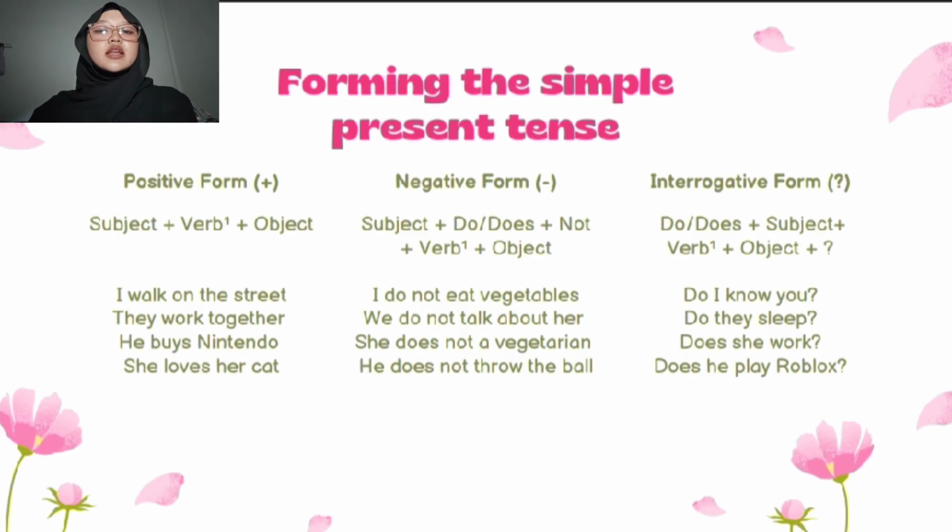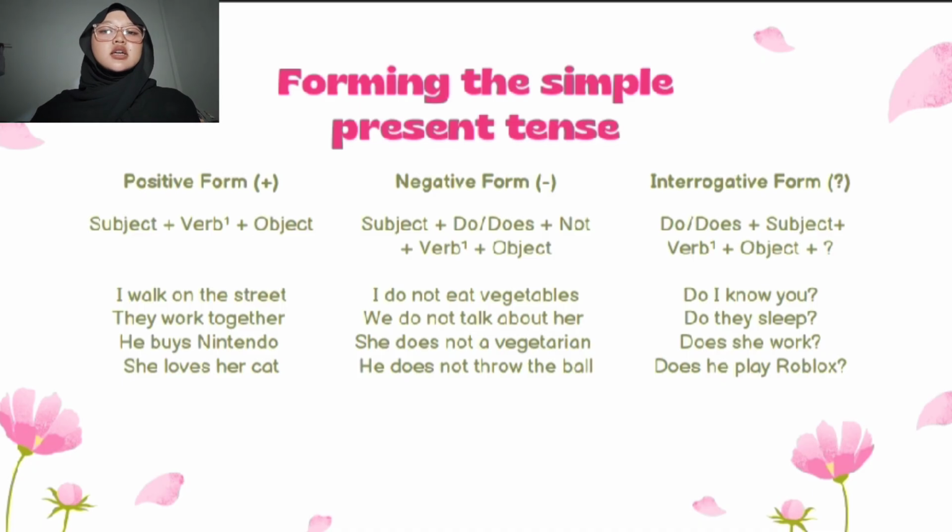Like the verb buy, we add s, so it becomes buys because the subject is he. And then the verb love, we add s, and it becomes loves because the subject is she. Okay, understand everyone?